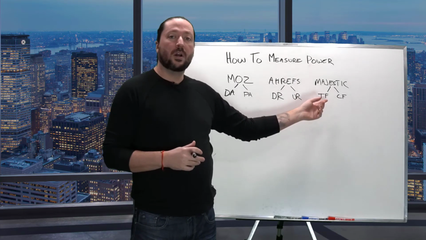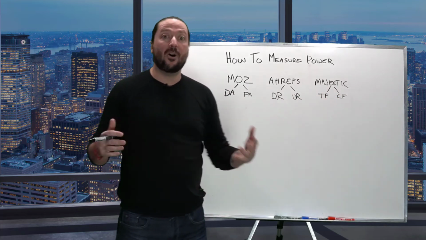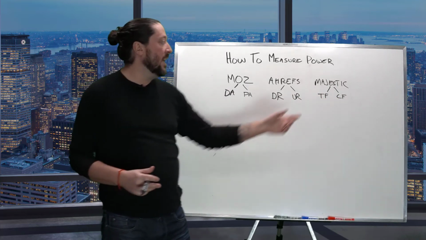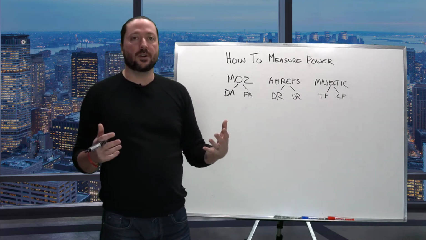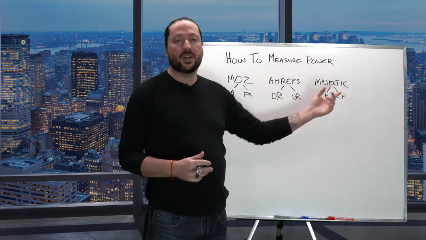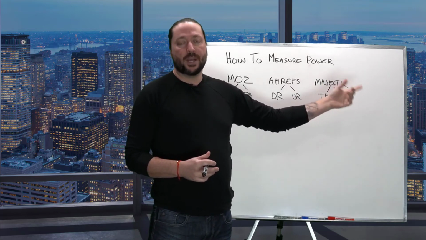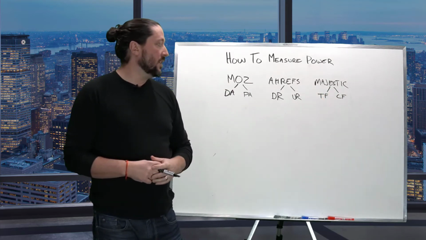So TrustFlow, how powerful, how quality are the links. Citation flow, how many links are actually coming. And they don't do it on a domain or a page rating. They do it on a specific URL. So the home page is a different page than, you know, the page 1 or page 2 or page 3. Each one is going to have its own set of trust flow and citation flow.